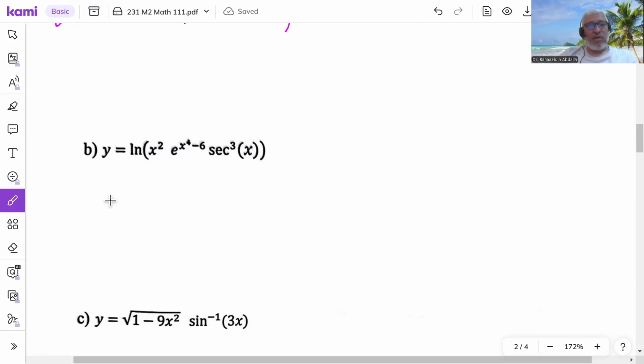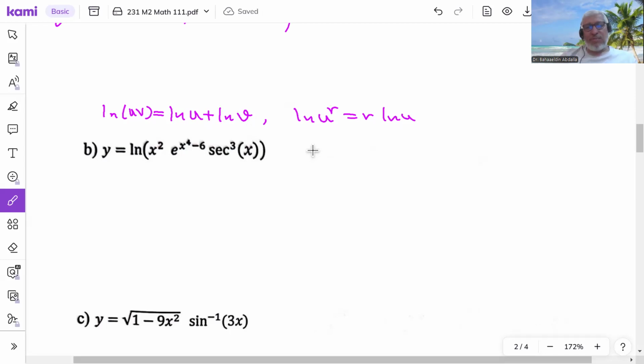So what if I simplify y first? We know that ln uv is equal to ln u plus ln v. And we know also that ln u to the power r is r ln u.